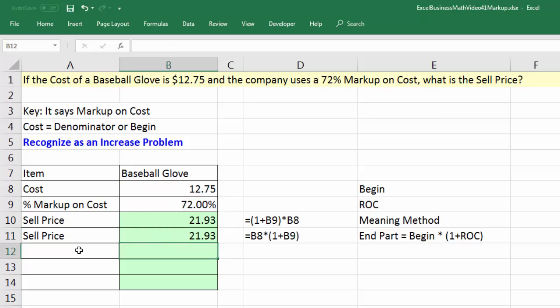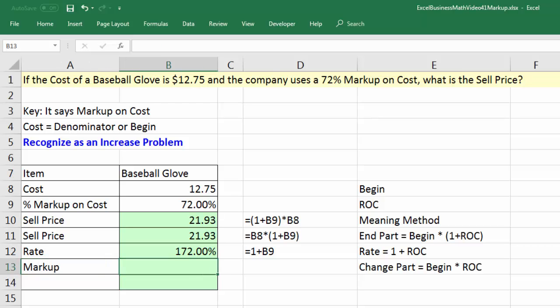Now, we can also calculate straight out the rate equals 1 plus, and that's our 72%. We could have also, instead of going straight to our sell price, hey, this is percentage markup on cost. If I take that times the cost, it'll give me the amount of the markup. So I'm going to do that formula. Hey, there's the cost.